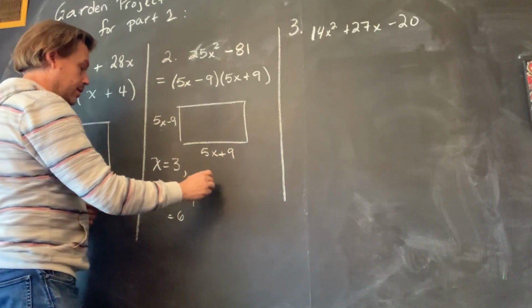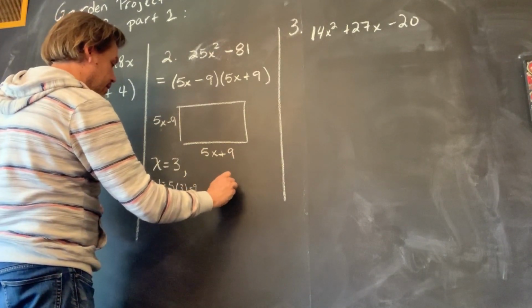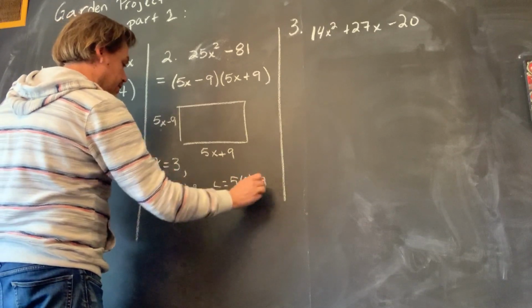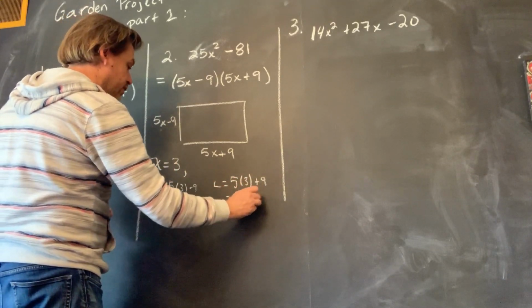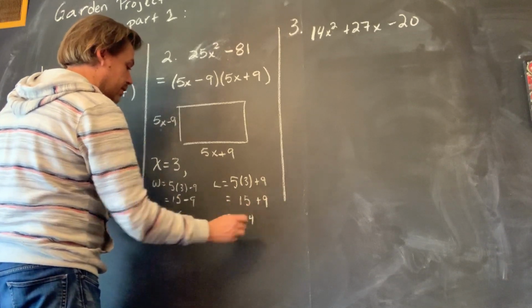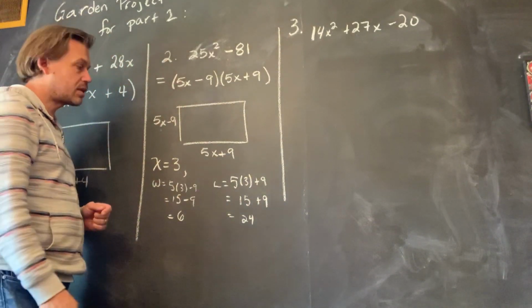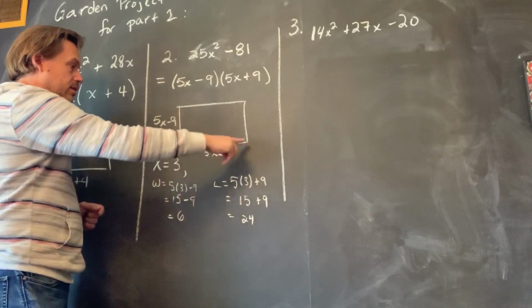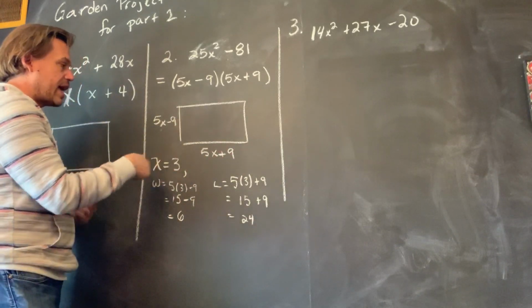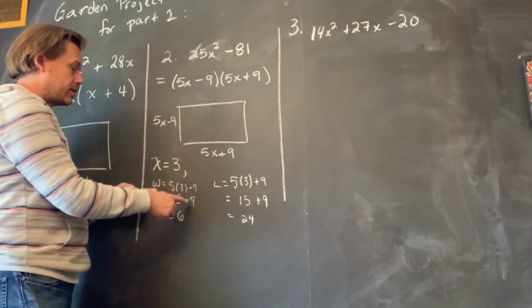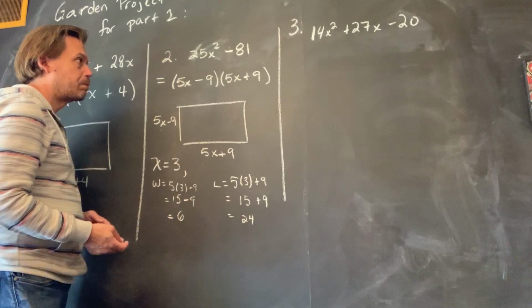And then the length would be 5 times 3 plus 9, 15 plus 9, which is 24. So the width is 6, the length is 24 if x is equal to 3. So it's just, once you factor it, substitute.